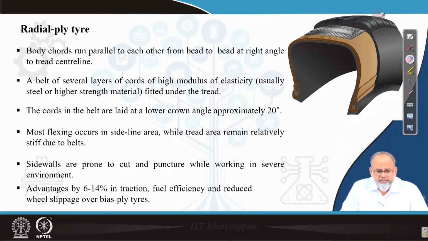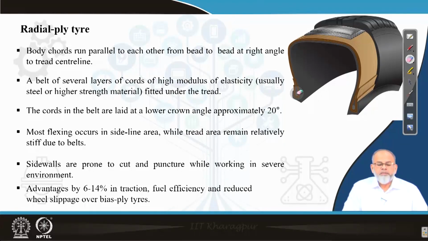Then these several layers of cords are of high modulus of elasticity, usually steel or higher strength material, fitted under the tread. I am talking about the belt. Now the cords which run from one bead to another bead are of somewhat lower modulus of elasticity compared to the cords present in the belt.